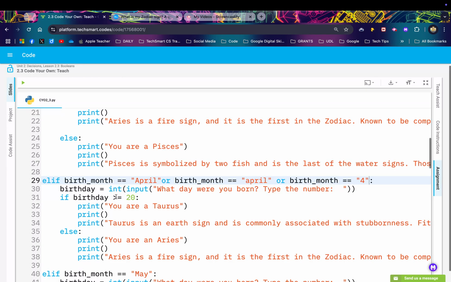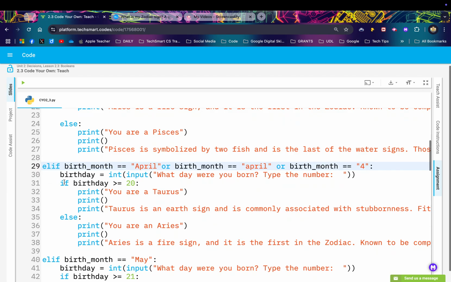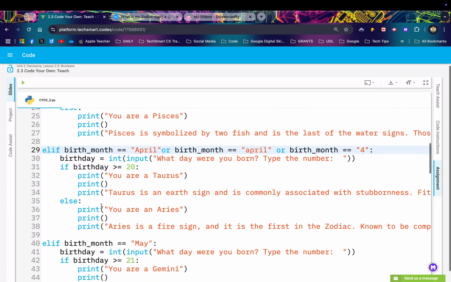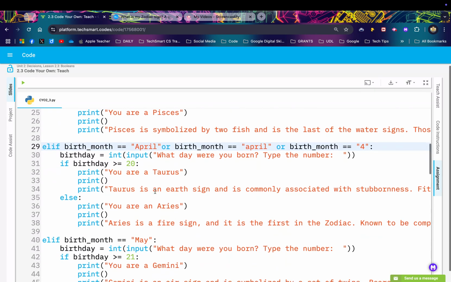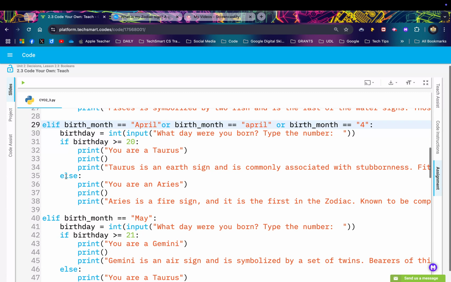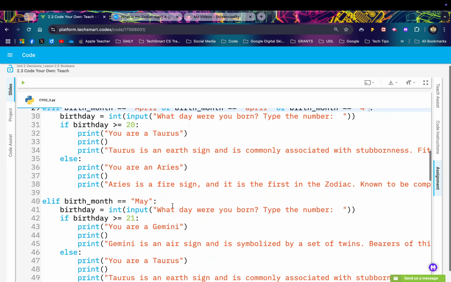So if they're born on the 20th or later, they're a Taurus. So notice my prints here. Notice my if and how they're lining up. This is another nested if. And I add my information about Taurus. Then I've got an else. And if they are born from the 1st of April to the 19th of April, they are an Aries. And again, I printed you're an Aries, and I printed the information for Aries.